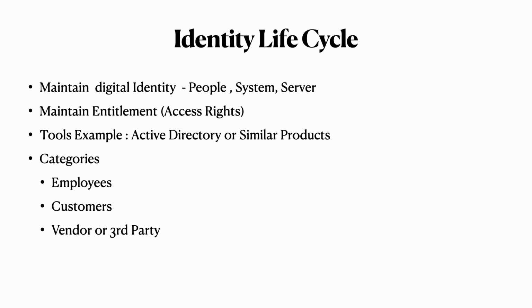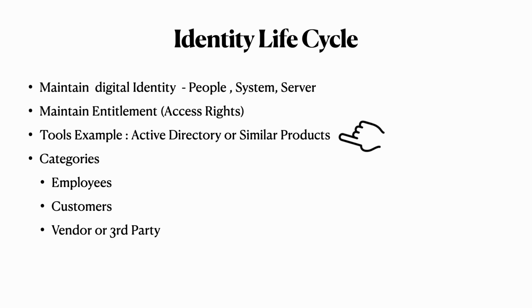First one, identity lifecycle. Identity lifecycle helps to maintain the digital identity of people and things. Things include software, systems, servers, etc. It also helps to maintain their entitlement or access rights across multiple systems and applications. Organizations use many tools to maintain the digital lifecycle.